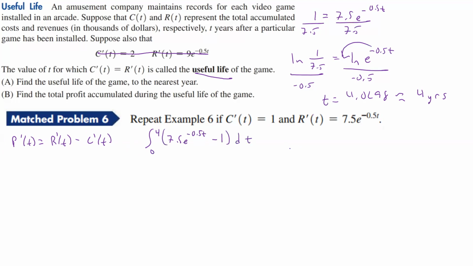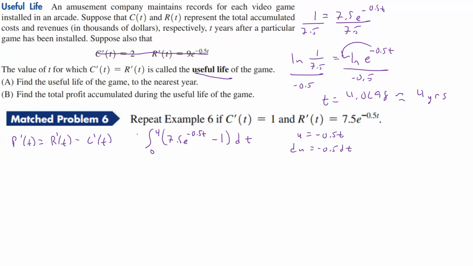Maybe if we remember what to do, we can do it. If not, we'll go ahead and use substitution. If u is equal to negative 0.5 t, then du is equal to negative 0.5 dt.